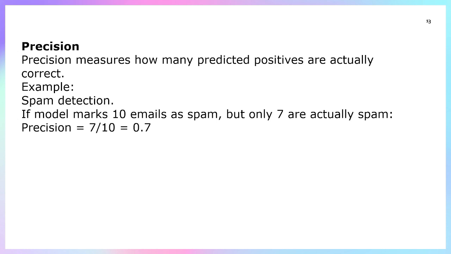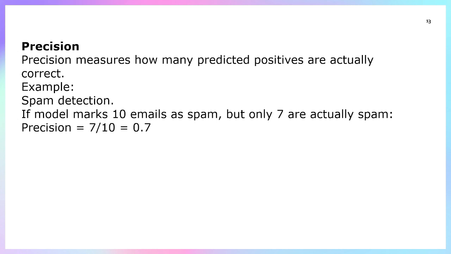For example, if your model marks 10 emails as spam, but actually 7 are spam, right? Then what is the precision? 7 are actually spam, but your model predicted 10. So 7 divided by 10, and the value is 0.7.